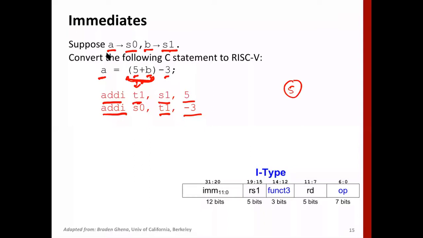If you write addi t1 s1 and 0xA, for example, or even 0x5, it will treat this number as hexadecimal, so the 0x tells you whether it's hexadecimal or not. Is it clear? Yes, sir.